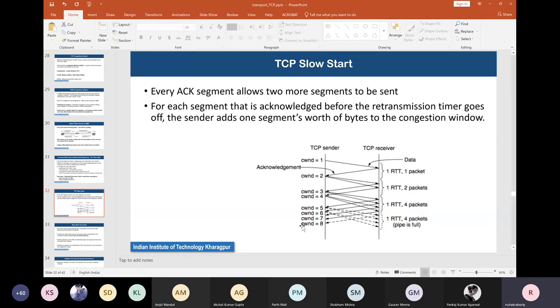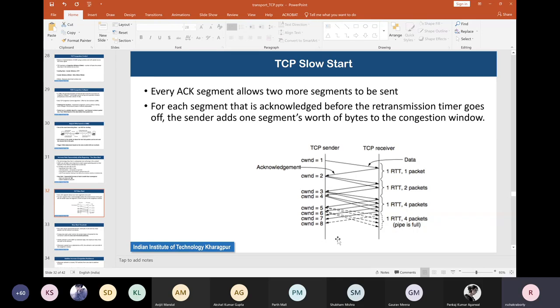Then in another round trip time, all 4 acknowledgements come back within a very short interval of time. Because it reacts to every successfully received acknowledgement, it keeps on increasing CWND by 1.